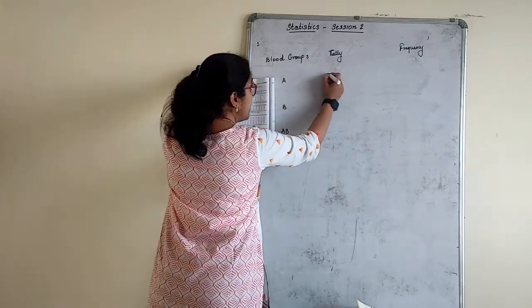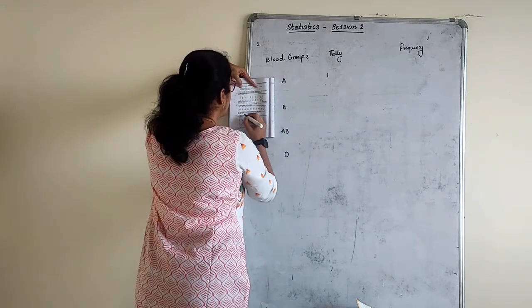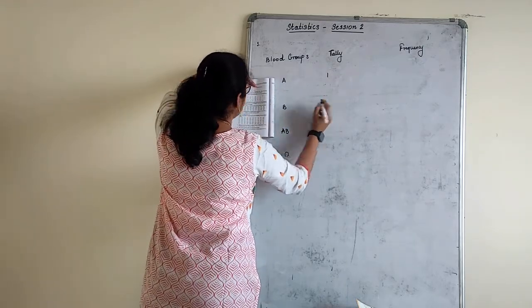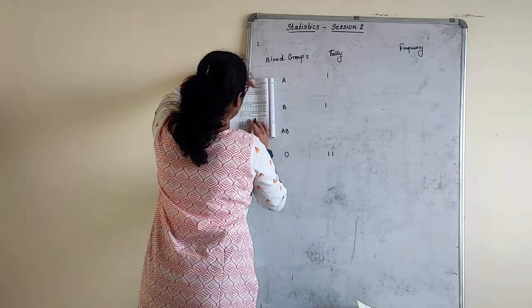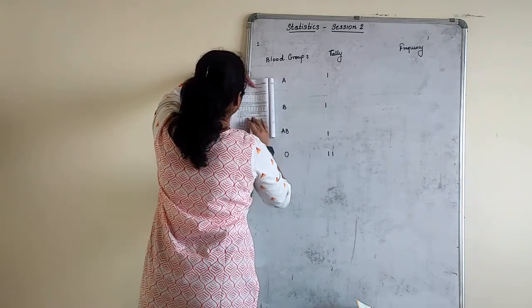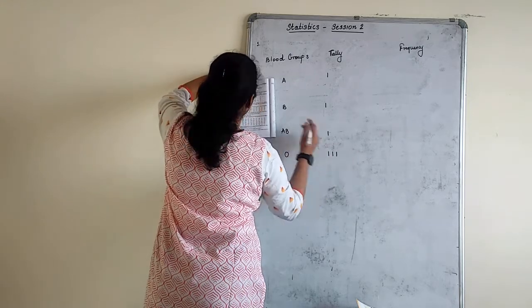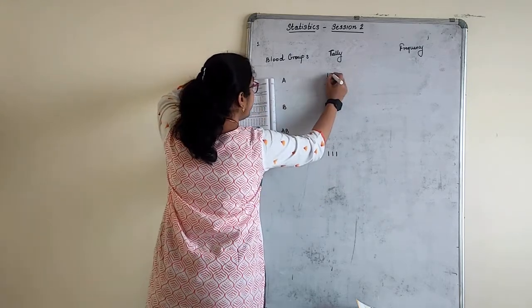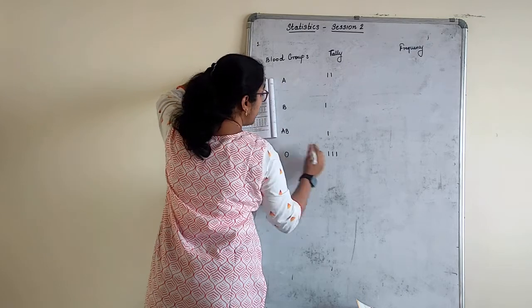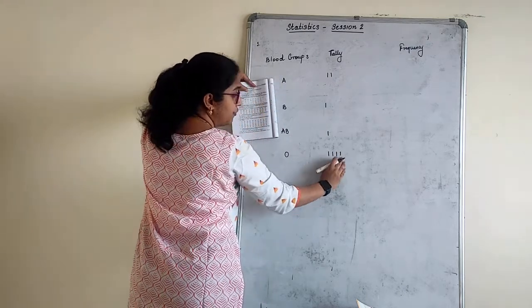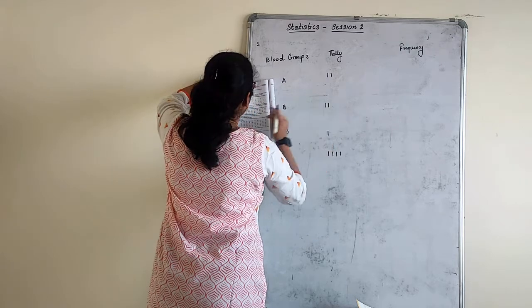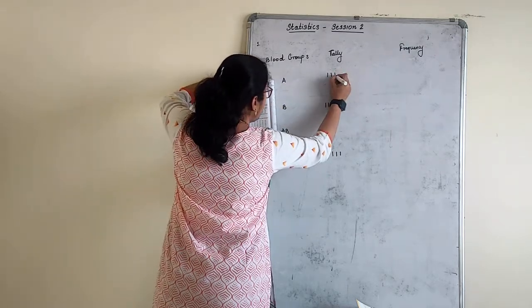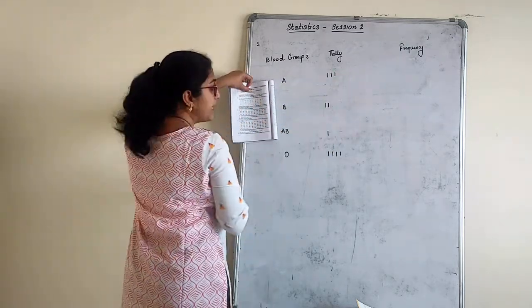So for A, the tally is represented like this, 1. Then B, we have 1. O, we have 2. Then we have AB, 1. Then we have O again. After O, we have A. Again, we have O. Okay? 4 are already over here in O. Then we have one more B. Then we have one more A. Again, we have 4.